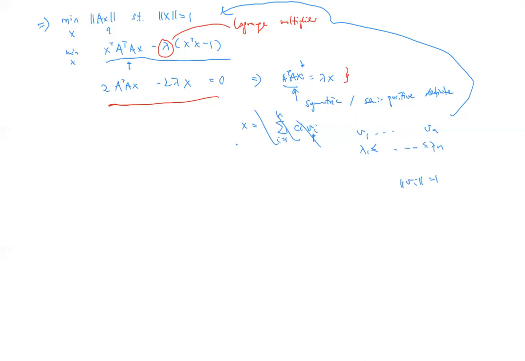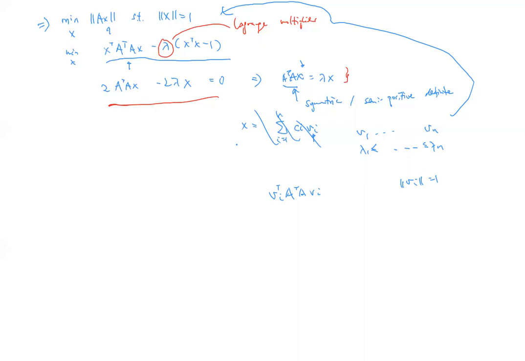So we can just try it, right? Let's say I compute vi transpose A transpose A vi, where I just pick any vi from the eigenvectors, and we see what the value of this is.